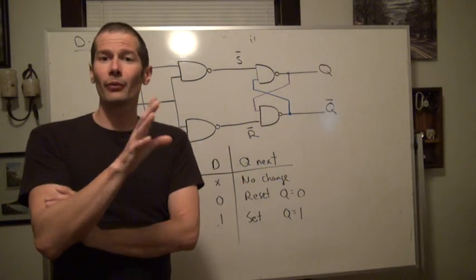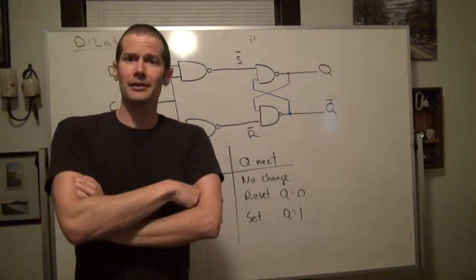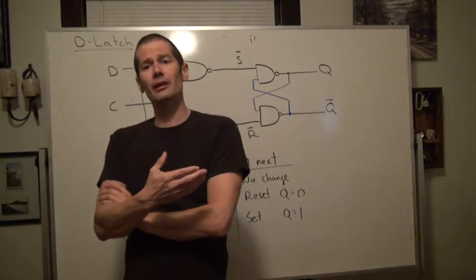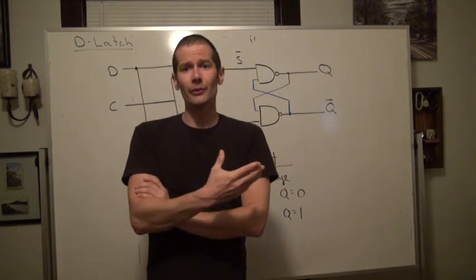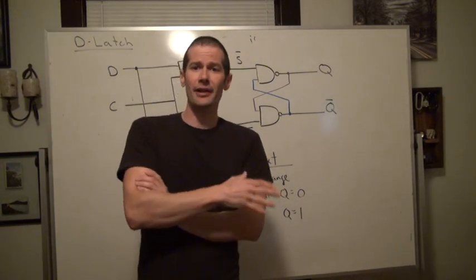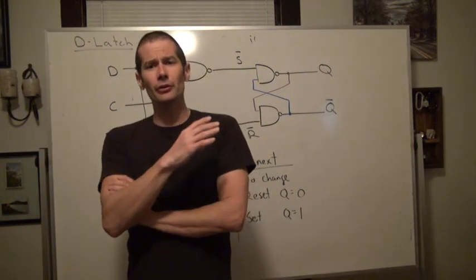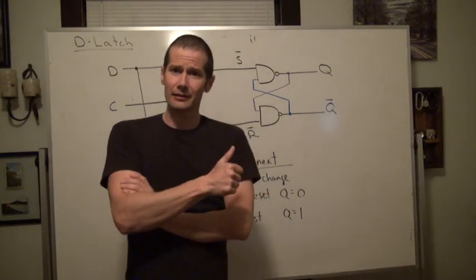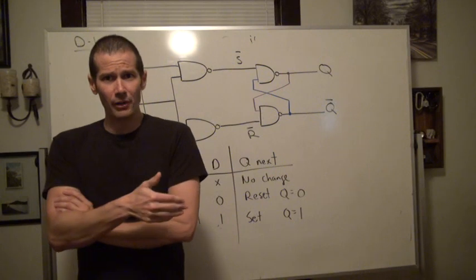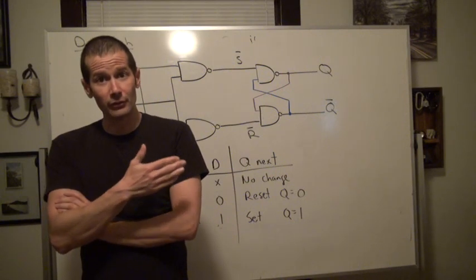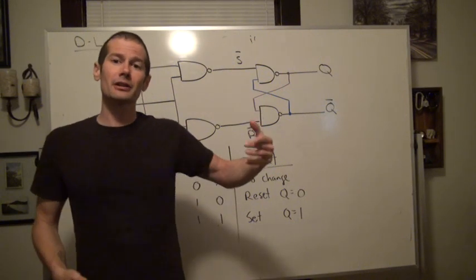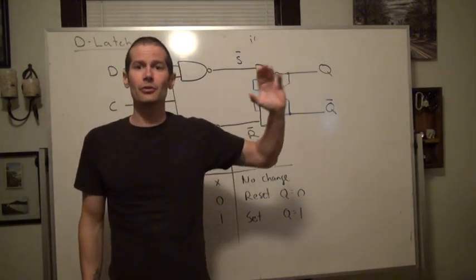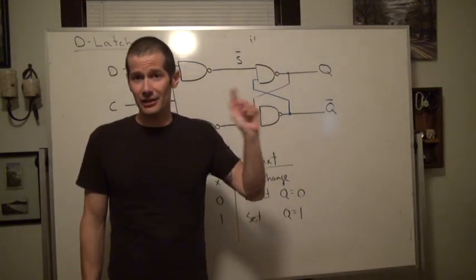Now, with what I had you guys do for the SR latch, I said that there was an inherent problem with the SR latch, and I wanted you to step through and see for yourself that Q and Q bar, when we had a forbidden state, where S bar and R bar would both go low, would produce Q and Q bar both outputs being the same.